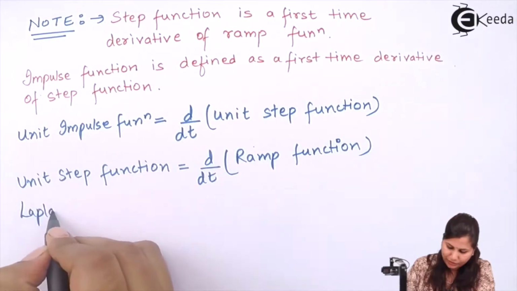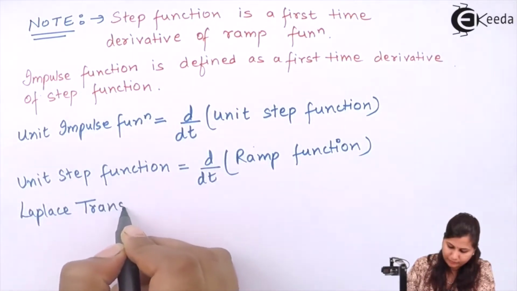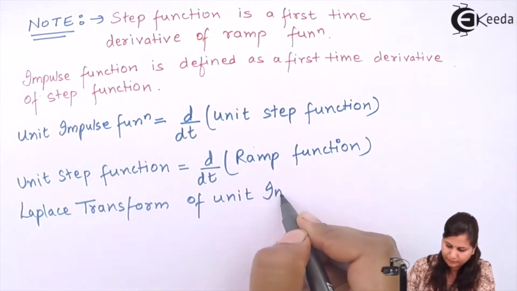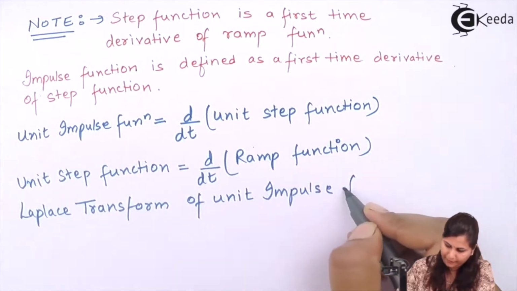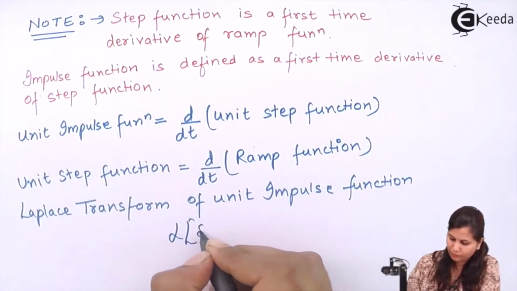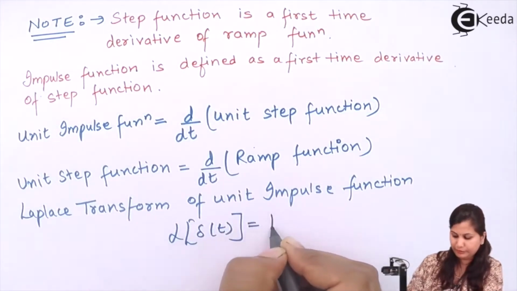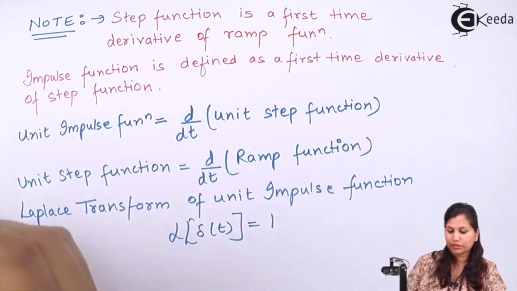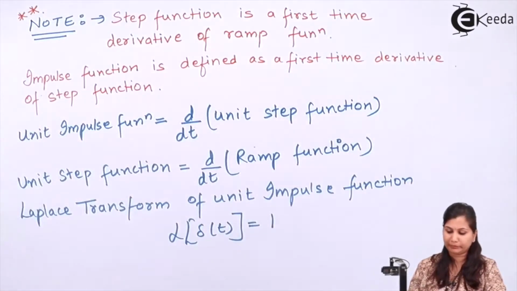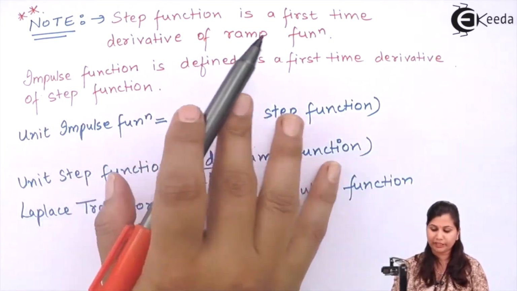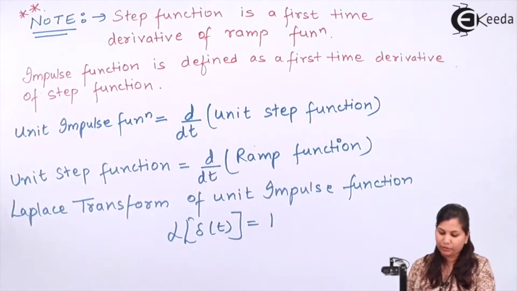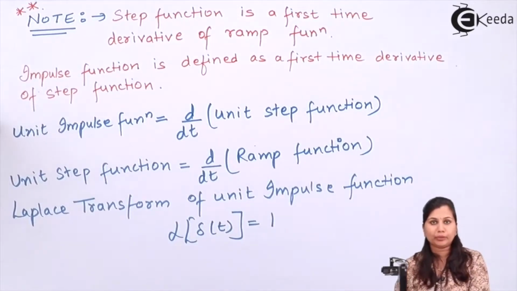If we take the Laplace transform of the unit impulse function, the Laplace transform of del t will be equal to 1. So this is the special note on these input test signals which you have to keep in mind: the step function is the first time derivative of the ramp function, and the impulse function is the first time derivative of the step function. So this was all about the types of input test signals.